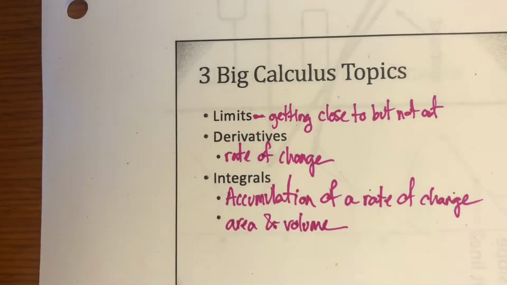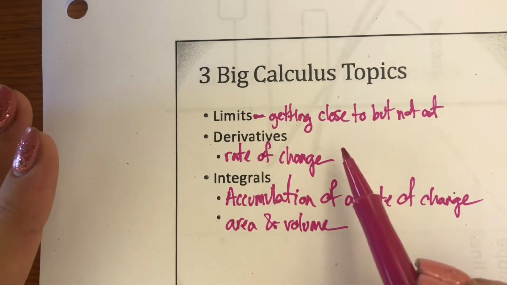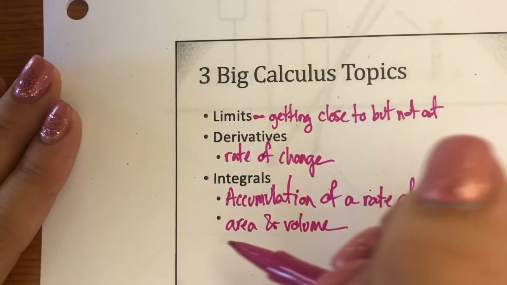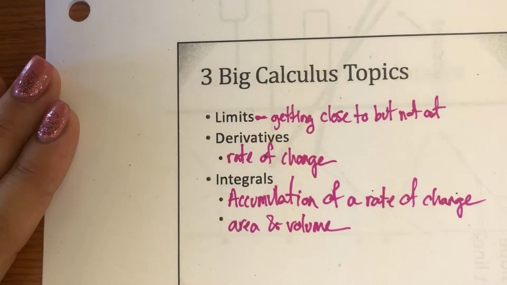You might also say, hey, Ms. Schultz, I've done area and volume before, and I certainly didn't know calculus at that point. What's up with that? So, basically, for calculus, think of anything you've done in terms of rate of change in area and volume. You have found rate of change, area, and volume of lines or rectilinear shapes.